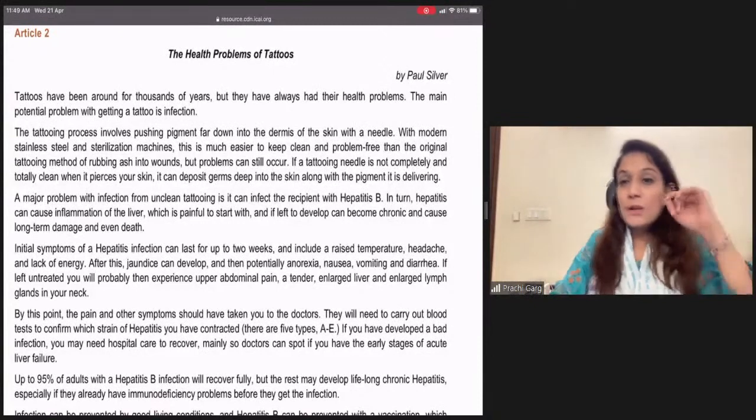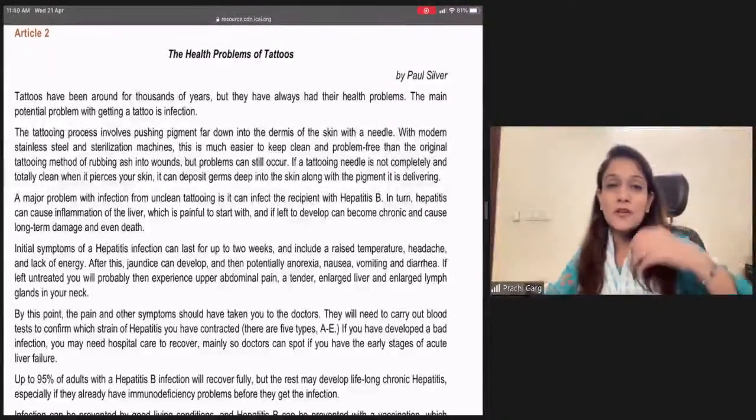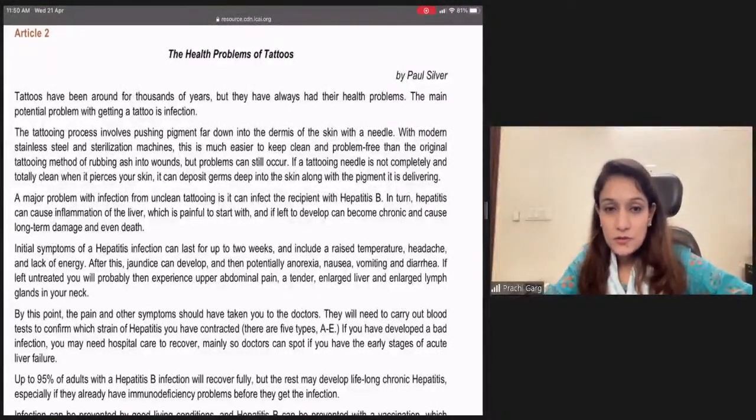None of you have written about hepatitis. Everybody has just written about the skin issues. Good, Khushi, you have already made the notes. Very good.